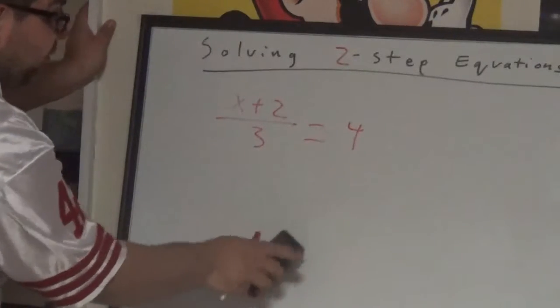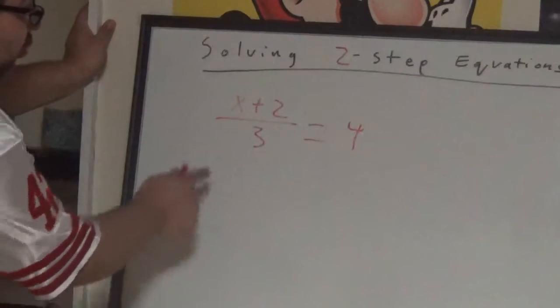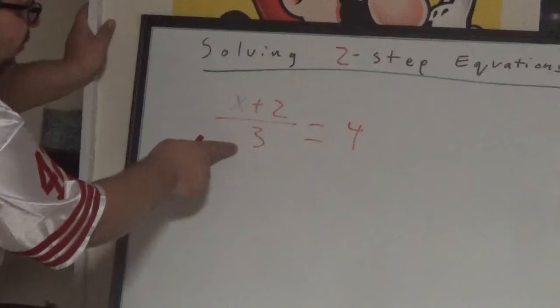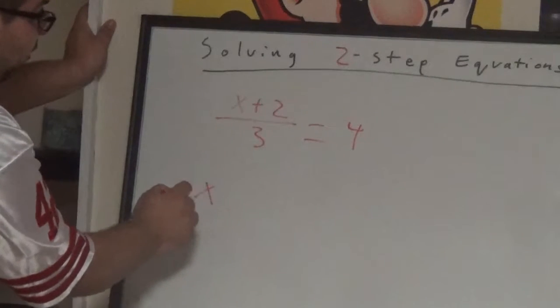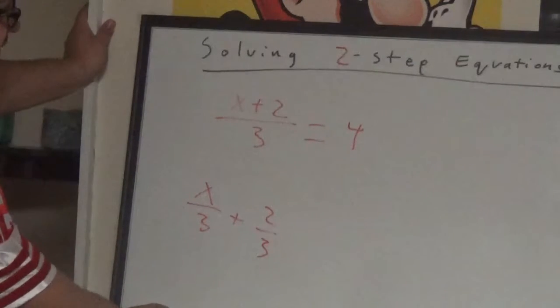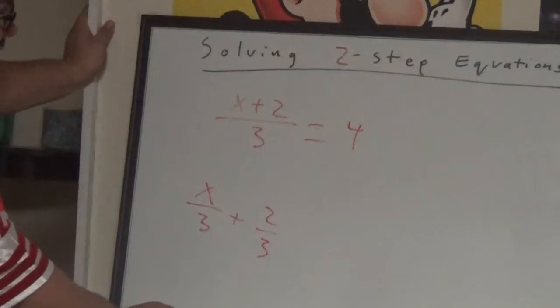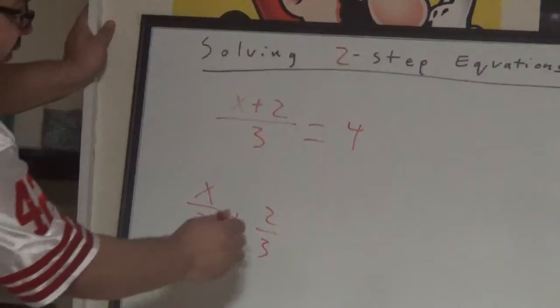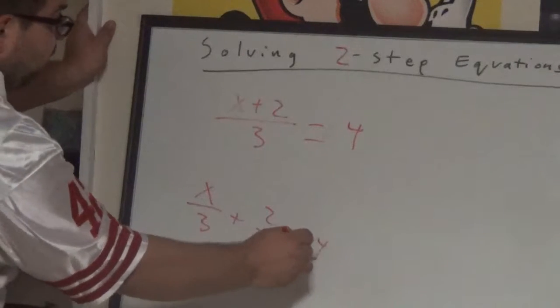That's not the case. X plus 2 over 3, what it really is, is this. It's x divided by 3, or x over 3, plus 2 divided by 3, or 2 over 3, equals 4.